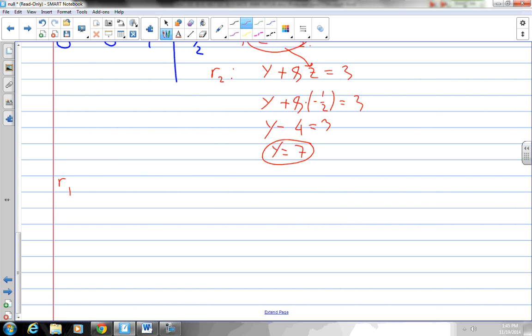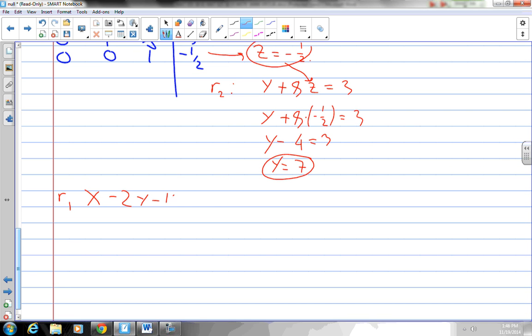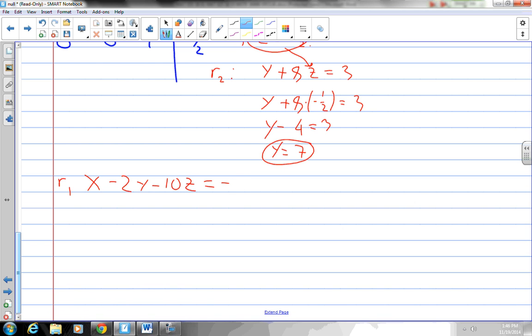So then row 1 is x minus 2y minus 10z equals negative 6. And then you just substitute everything that you know. Minus 2 times 7 minus 10 times negative 1 half equals negative 6. So I have my x, right? x minus 14 plus 5 equals negative 6. So x is what? 3?